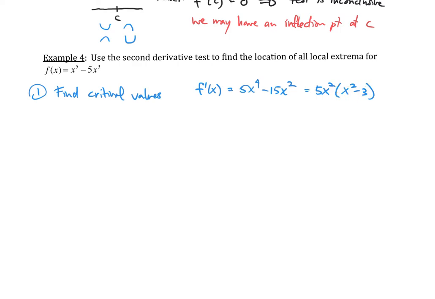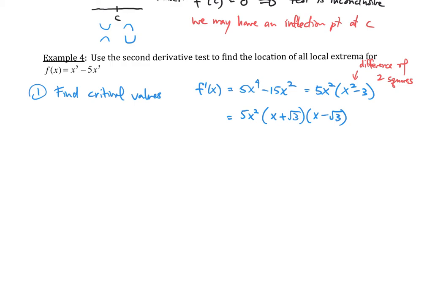So I can factor that as follows. That's going to be 5x squared, the common factor, times x plus rad 3, times x minus rad 3. So that's viewing this as a difference of two squares.